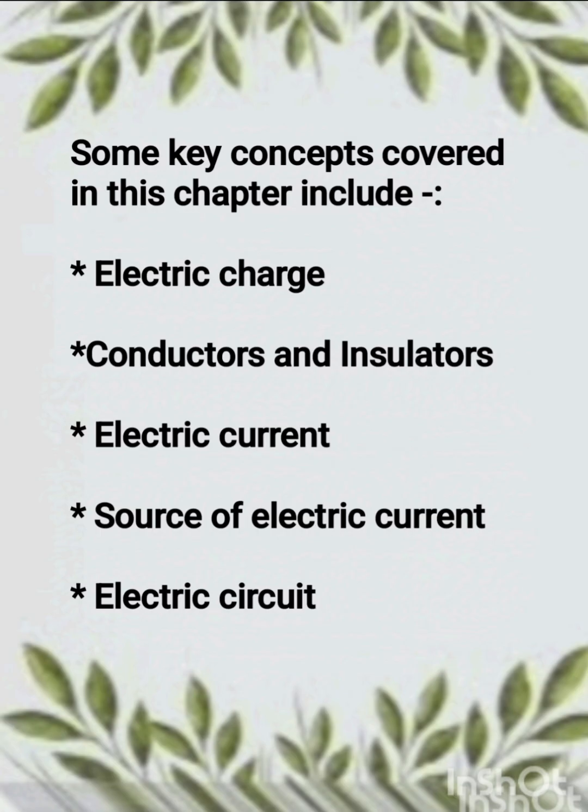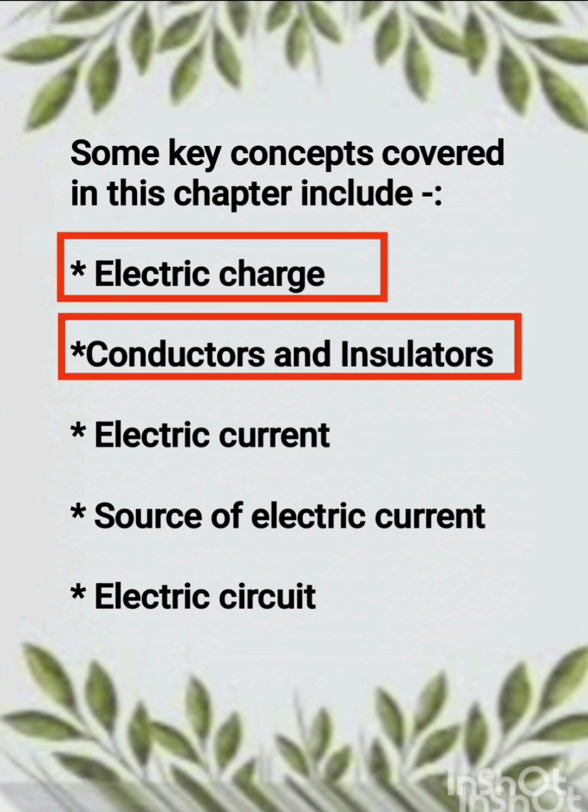Some key concepts covered in this chapter include electric charge, conductors and insulators, electric current, source of electric current, and electric circuit. In this video, we will learn about electrical charge and conductors and insulators.